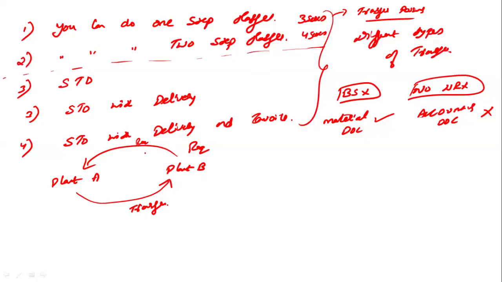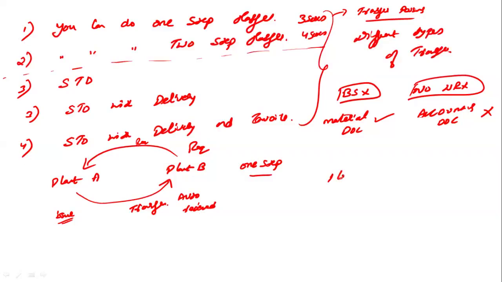When you place a request, plant A will issue the goods. Whenever they issue the goods, they don't have to receive it. It will get auto received. When it is auto received, then this is one step, because we are just issuing the goods and it is auto received.